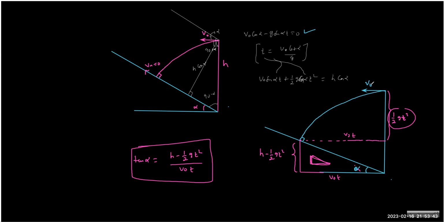And the best thing is, because I'm throwing horizontally, I know that V naught will not contribute in the vertical motion, right? Yes. So I knew that things are going to be easy if I write like this, because I will only get the half g t square term for the vertical motion.